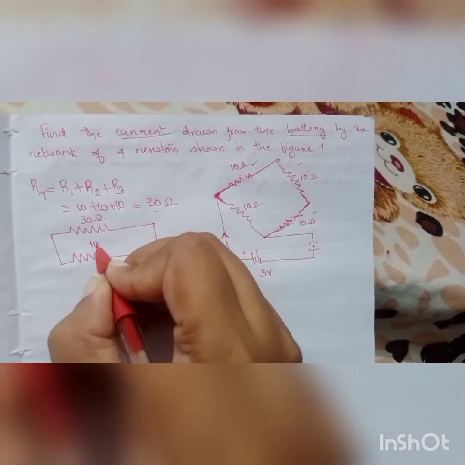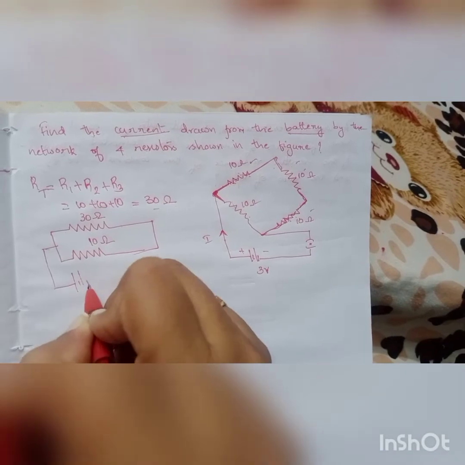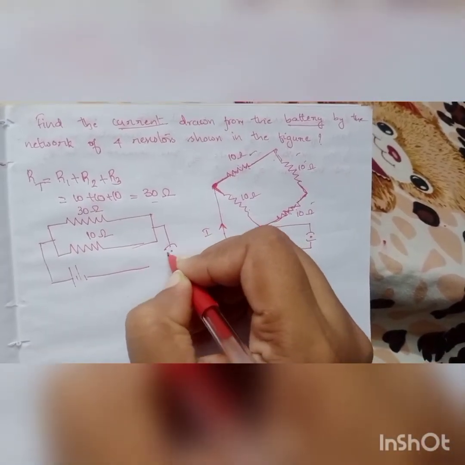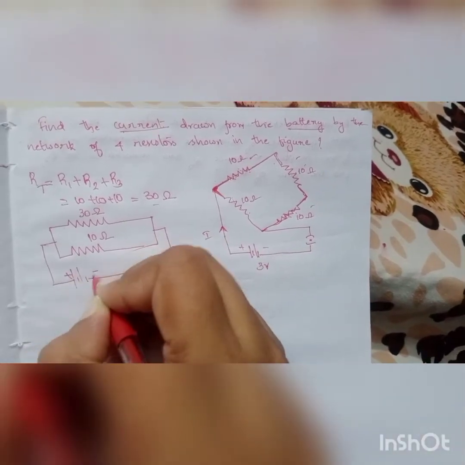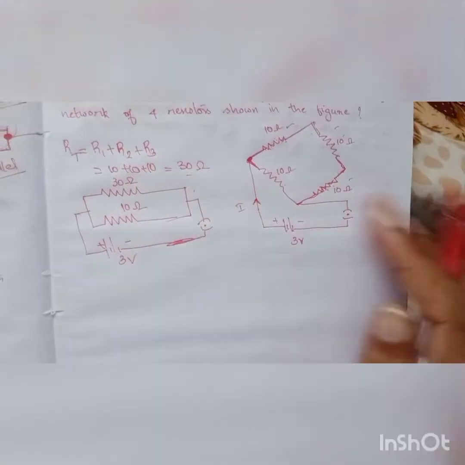This is the 10 ohm resistor connected in parallel, and we have the voltage source connected to it. This is the voltage source, 3 volt. So we have redrawn this diagram.